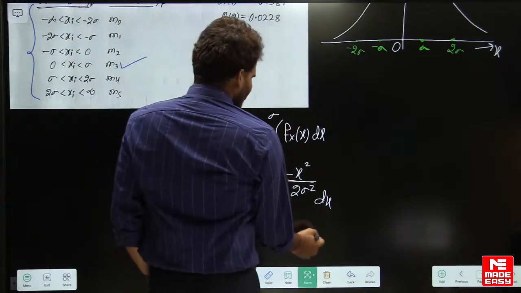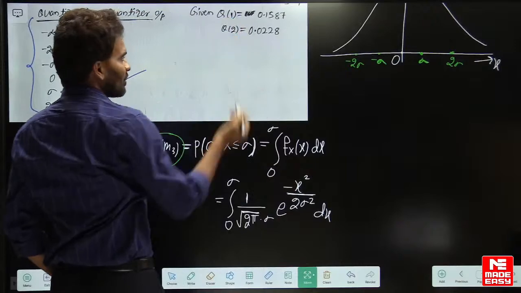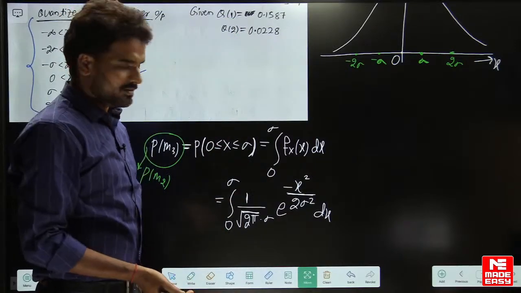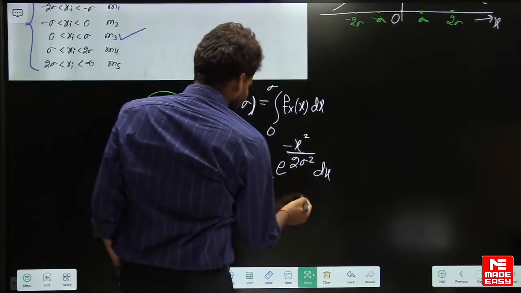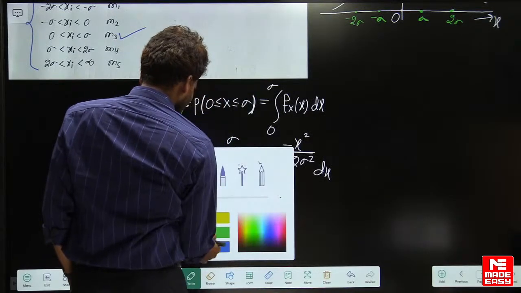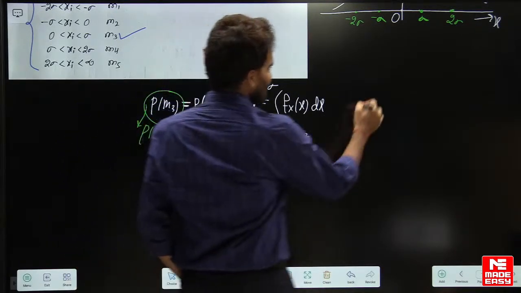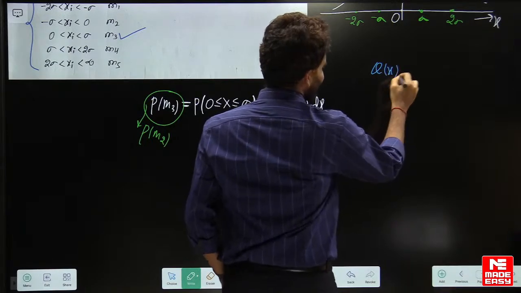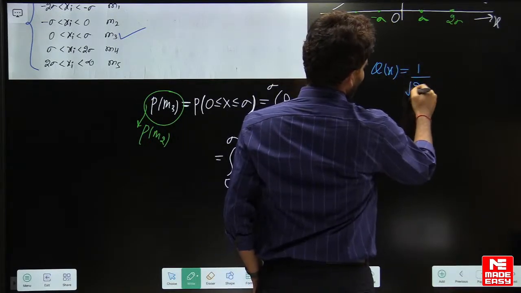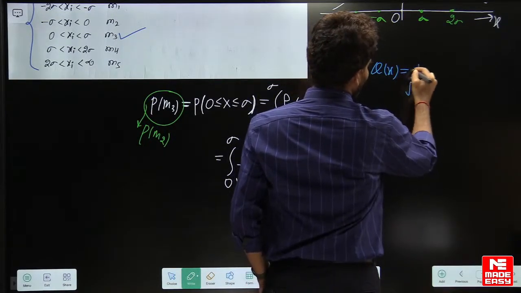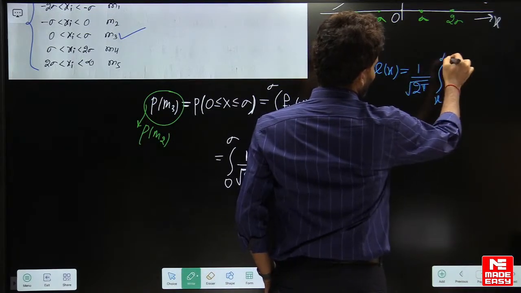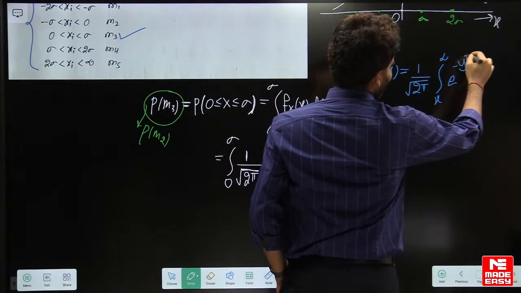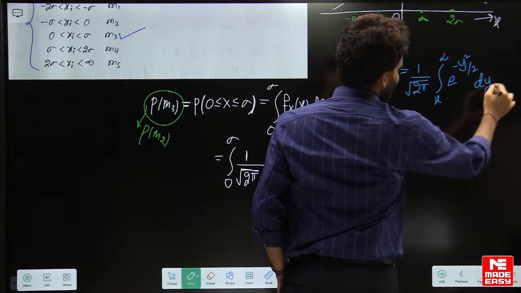To get the value of this, the q function values are given here, so take the help of the q function. You know the definition of the q function: Q(x) is equal to 1 by root 2 pi, integration from x to infinity of e power minus y square by 2 dy.